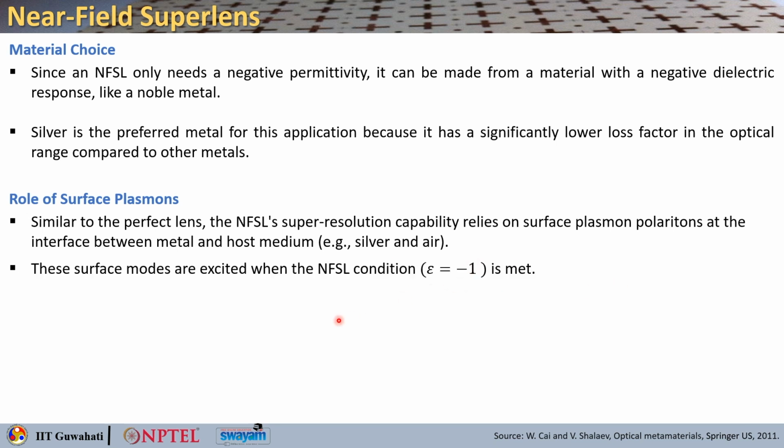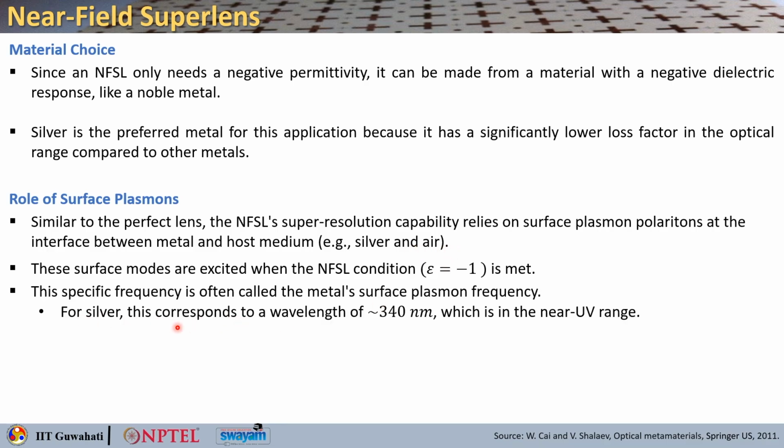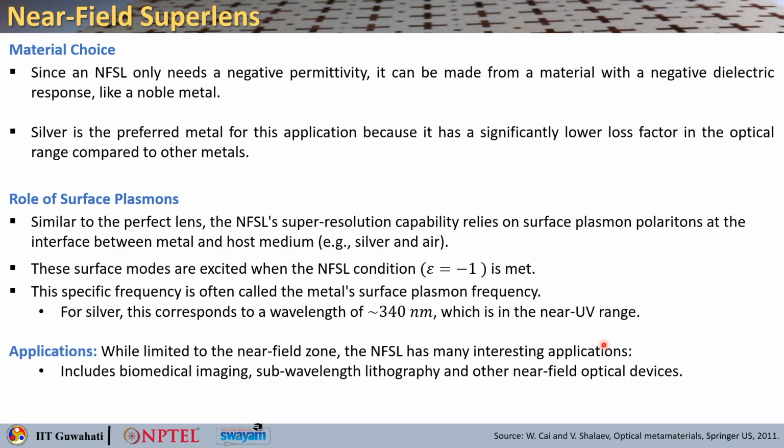These surface modes are excited when the condition for near field super lensing is met, that is the permittivity of the silver equals -1, the negative of the host, here air. This specific frequency is often called the metal's surface plasmon frequency. If you consider silver, this corresponds to a wavelength of 340 nanometers, which is typically in the near UV range.